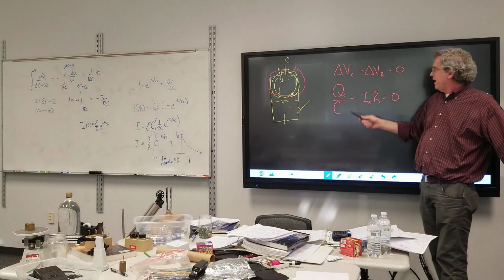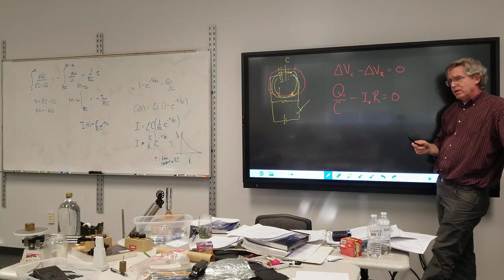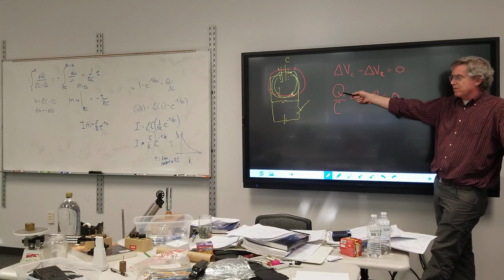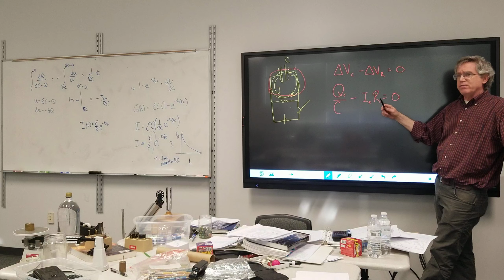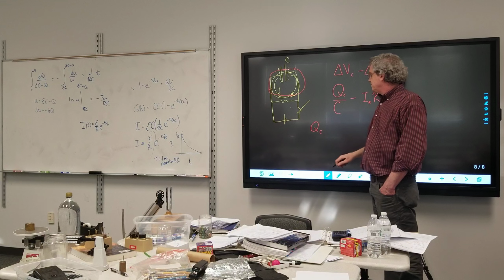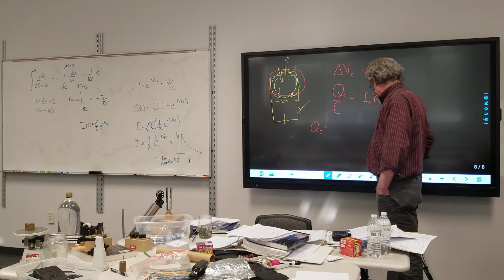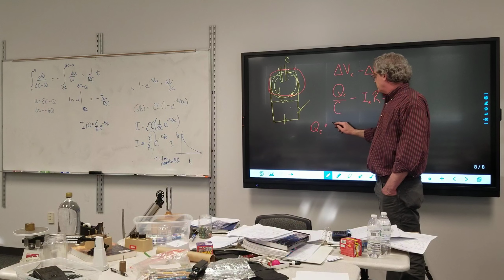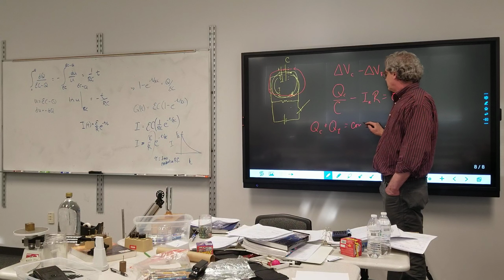Now notice, I have subscripts here, because this is the charge on the capacitor, and this is the current that comes from the charge that's off the capacitor. So QC plus the charge flowing across the resistor is equal to some constant.